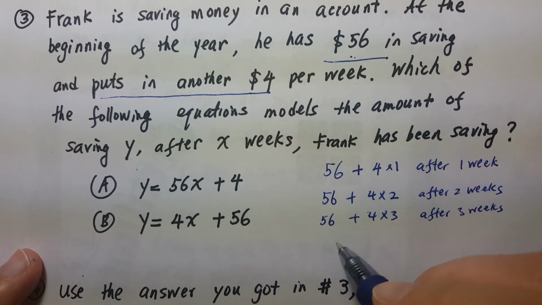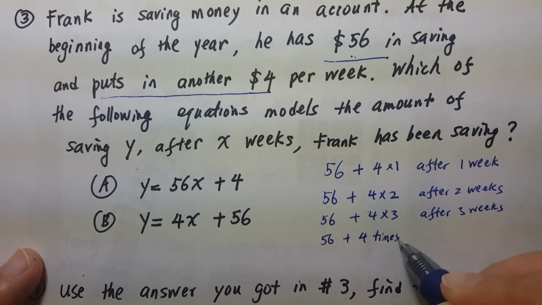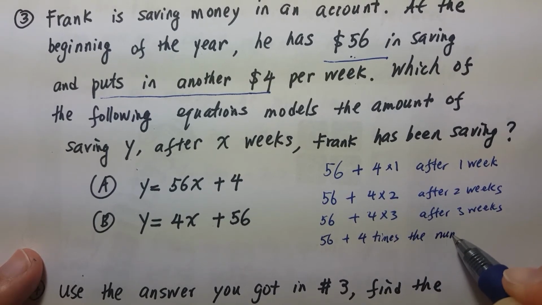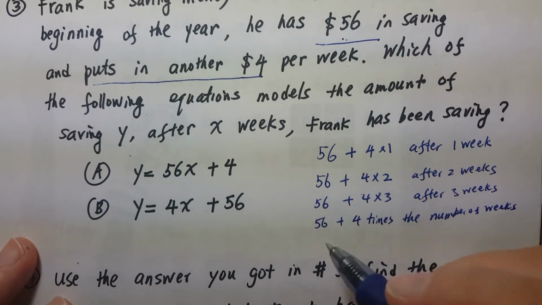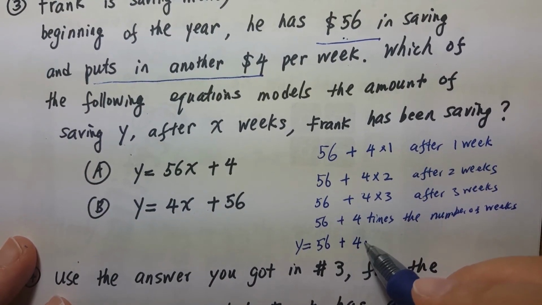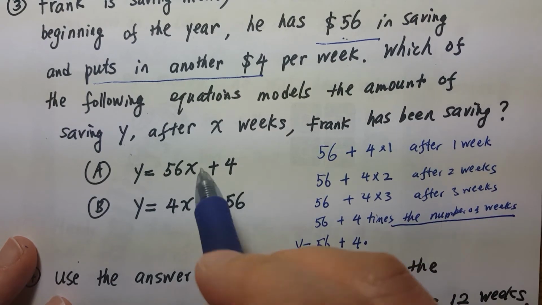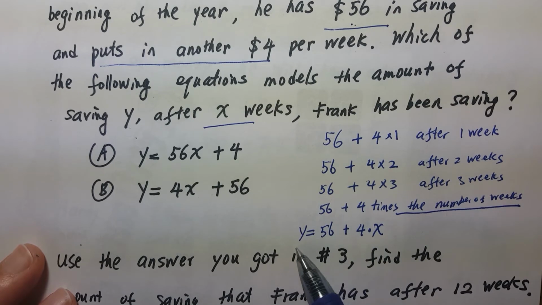The pattern is 56 plus 4 times the number of weeks. So we say Y equals 56 plus 4 times the number of weeks, which is X weeks, so times X. So the equation is Y equals 56 plus 4 times X.